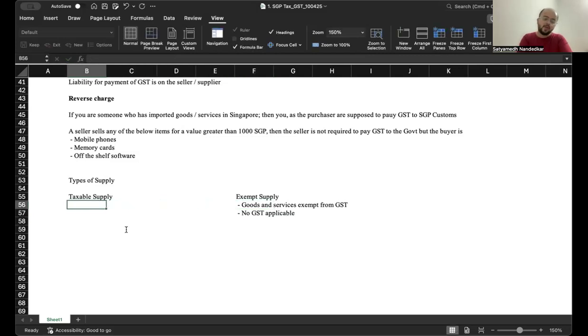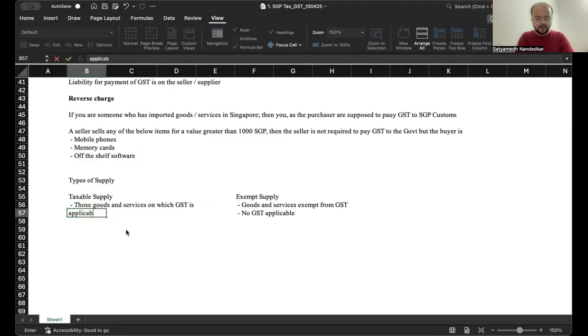On the other hand, taxable supplies are those goods and services on which GST is applicable. Now, please understand that goods and services on which GST is applicable could be standard rated.